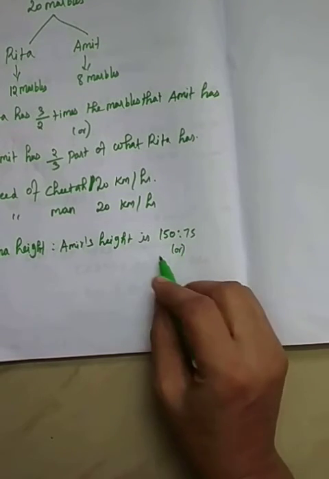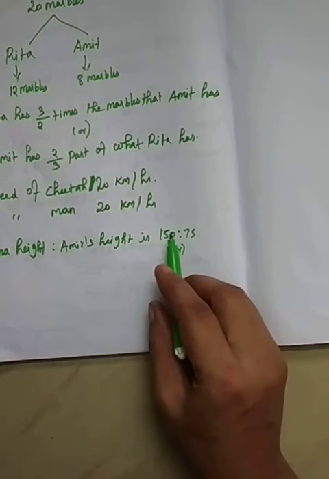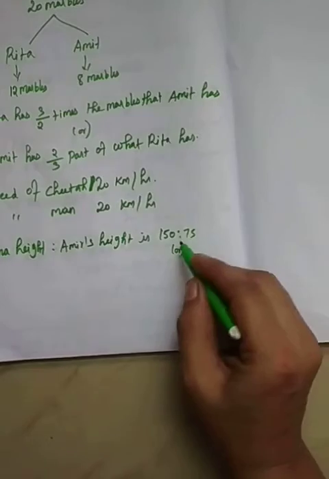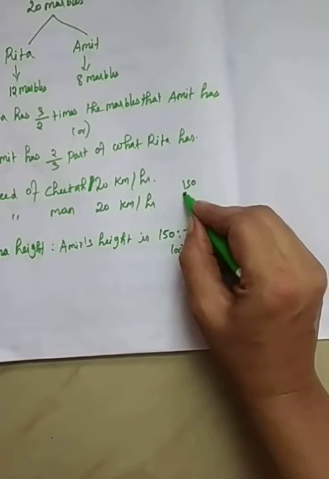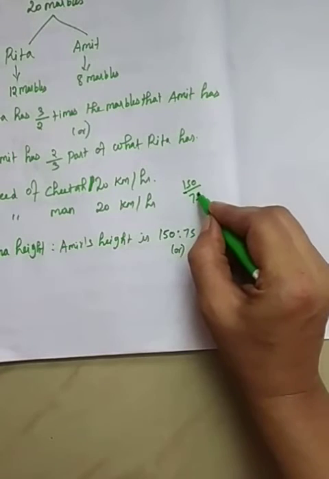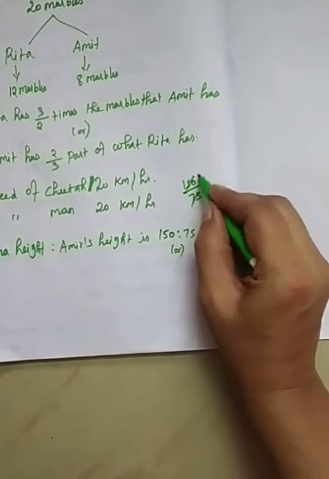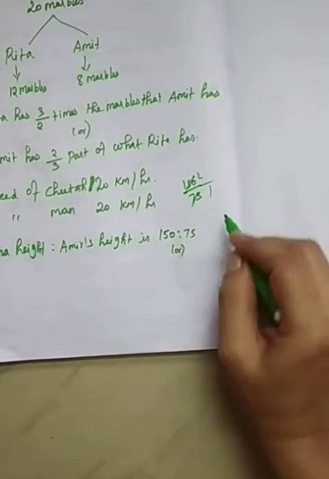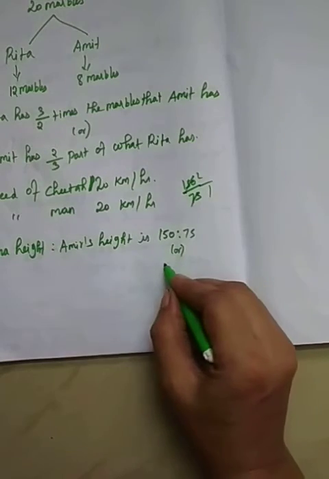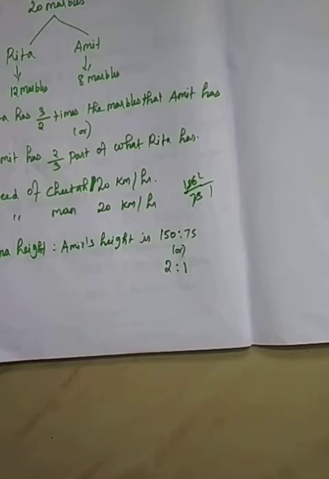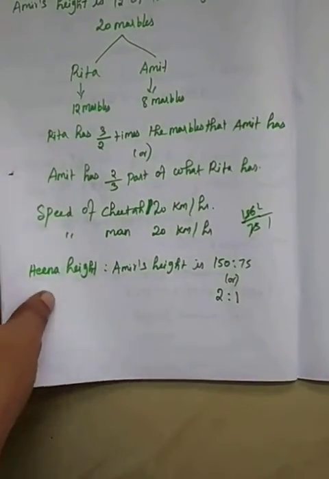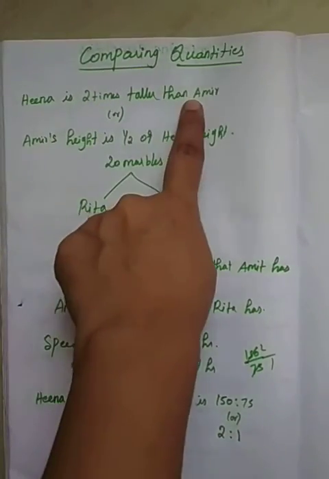Or otherwise we can say that in that one 75 is the common. See, this 150 is to 75 can be written as 150/75. So simplifying that, what will you get? 2/1. Clear? In this 2/1 we have to write 2:1. See here, because Hina is 2 times taller than Amir.